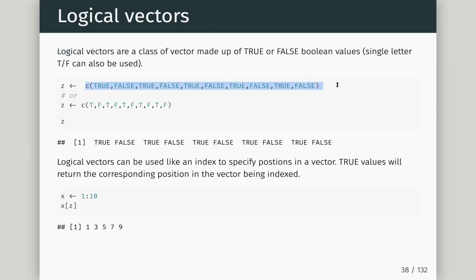But we can create these just like we did a numeric vector or a character vector. We just give it c, and then we give it either TRUE, all capital, or FALSE, those are the Booleans, or there is an alternative way of writing it. We can just write T and F, which is the equivalent. TRUE is equivalent to T, FALSE is equivalent to F.